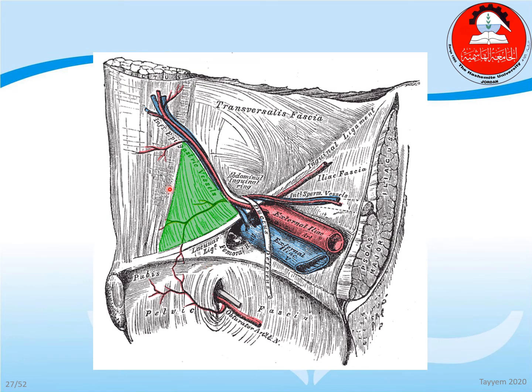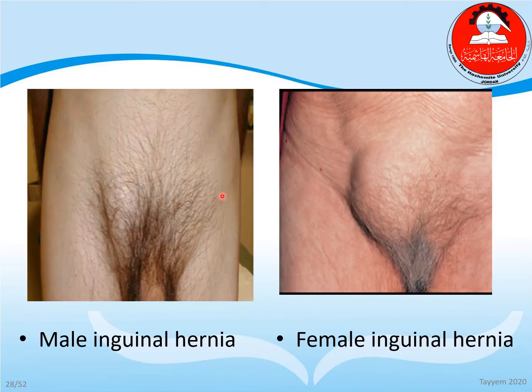Here you see the Hesselbach triangle, and the hernia is medial to the inferior epigastric vessel. And this slide just shows you how the hernia presents itself in a male or female patient in the groin.